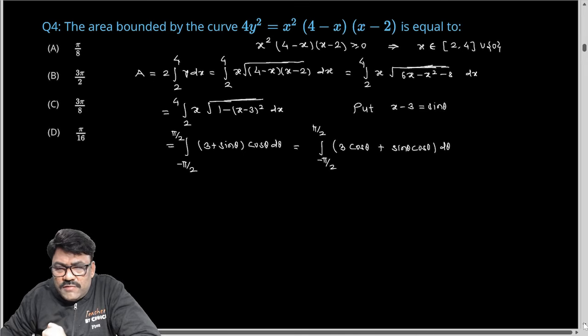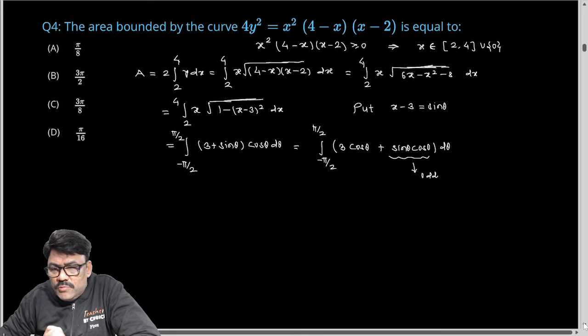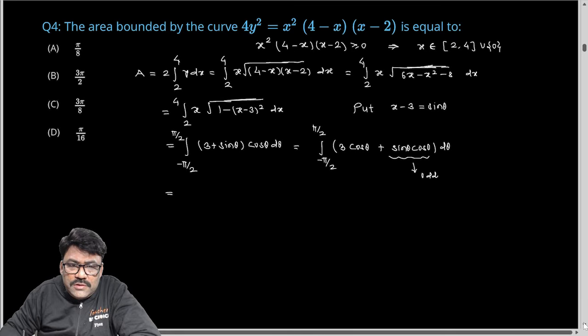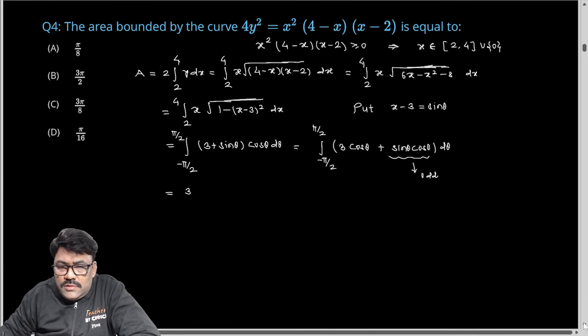Now you can see that sin θ cos θ is an odd function, so the integral of sin θ cos θ from −π/2 to π/2 is 0 only. So now you have to integrate 3 cos θ.